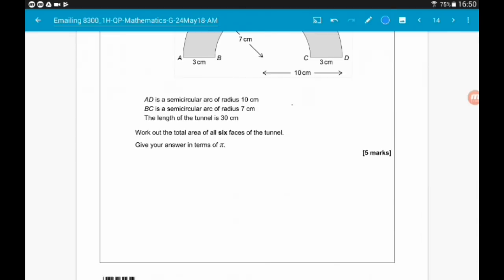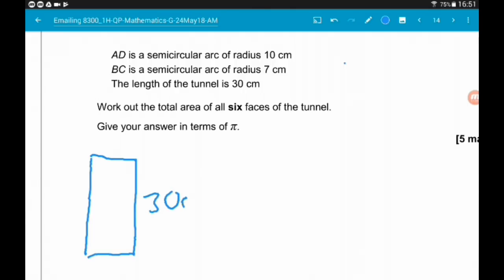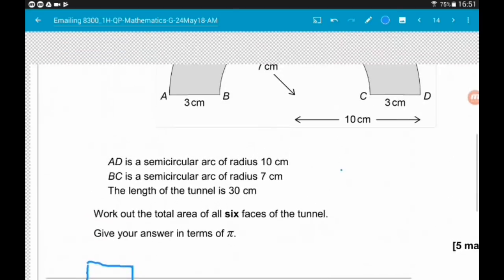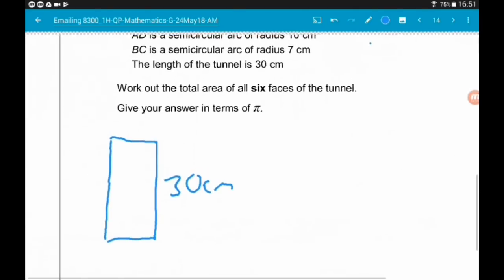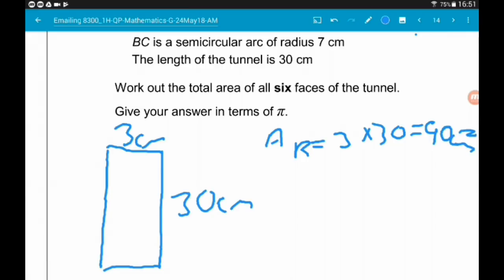So, let's do the rectangles first of all. The rectangles are going to have a length of 30 centimeters, and they have a width of 3. So the area of one rectangle is 3 times 30, which is 90 centimeters squared.